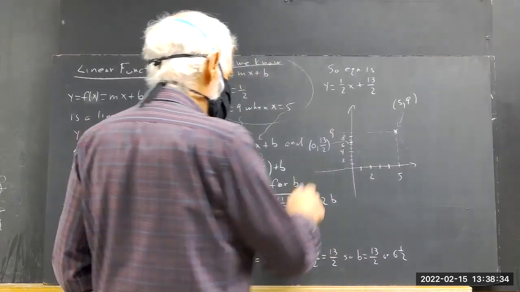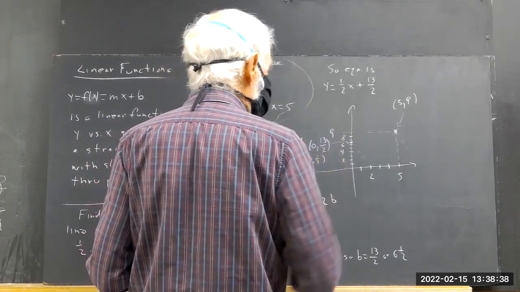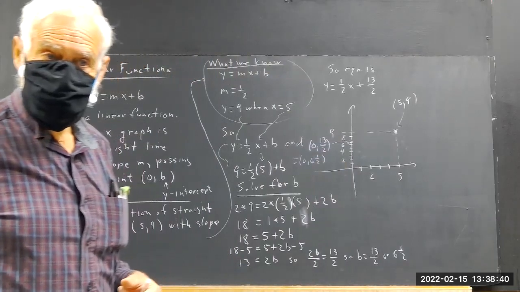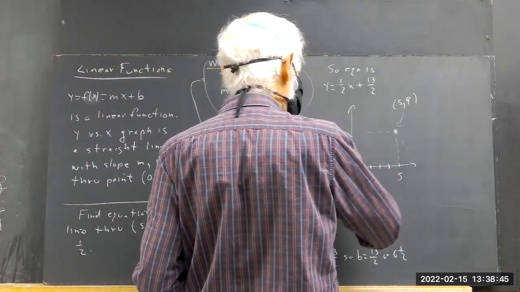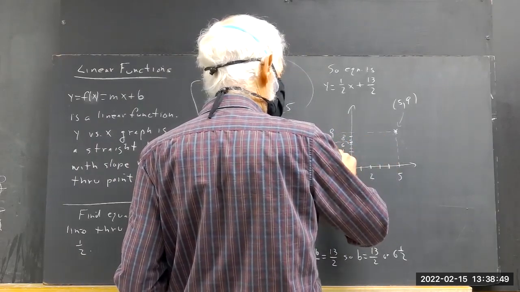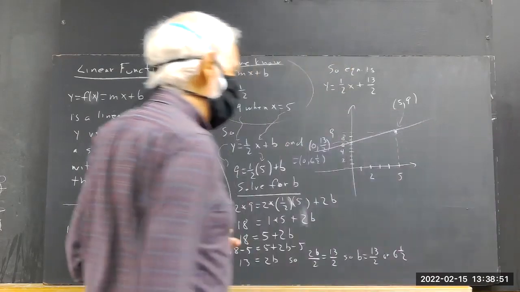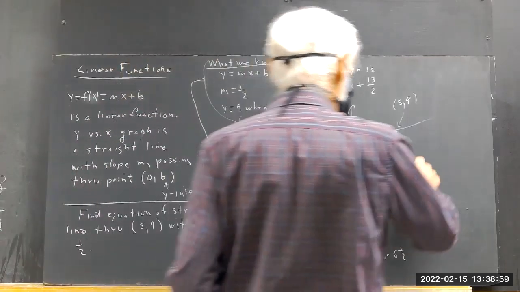That's (0, 13 halves), or (0, 6.5). Now, the way to draw a straight line is to get yourself lined up and then look at the point you're aiming at. And I still missed, but not too bad. So there's my line, y equals mx plus b.